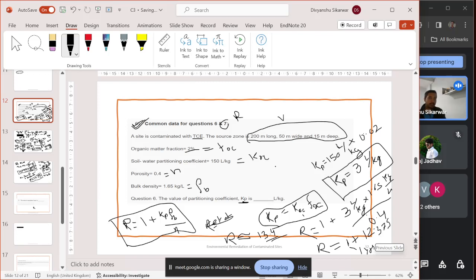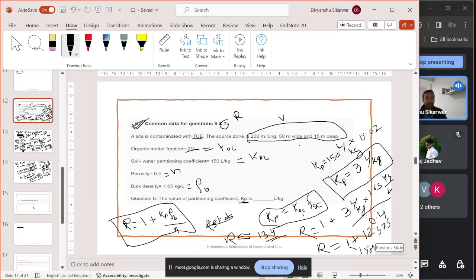From this you can also judge the implication if the contaminant is adsorbed: it might not be feasible, because it increases the time required for treatment many folds. If in this question we had a contaminant which is a non-aqueous phase liquid, it would be lakhs of years.